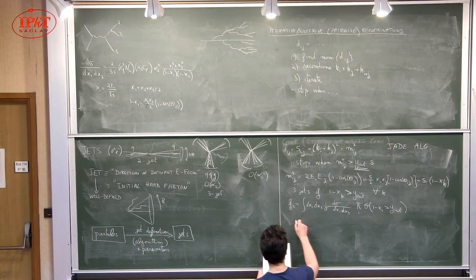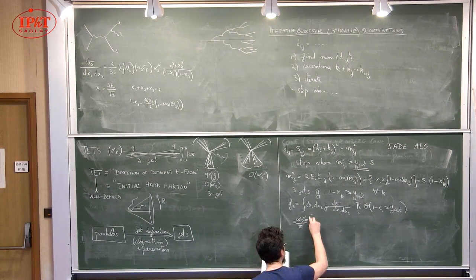So what you find at the end is something which looks like alpha s CF over pi. So it's proportional to alpha s. That's good.